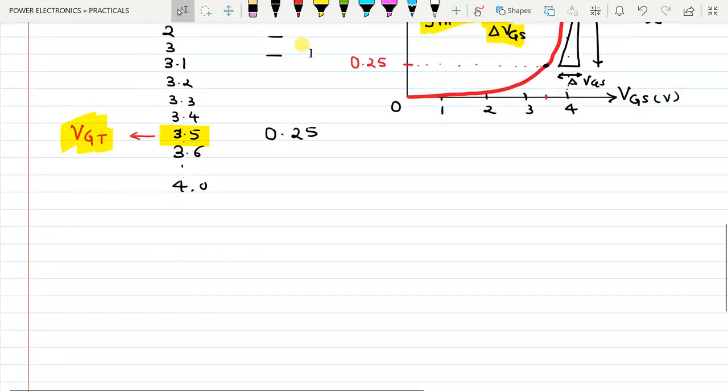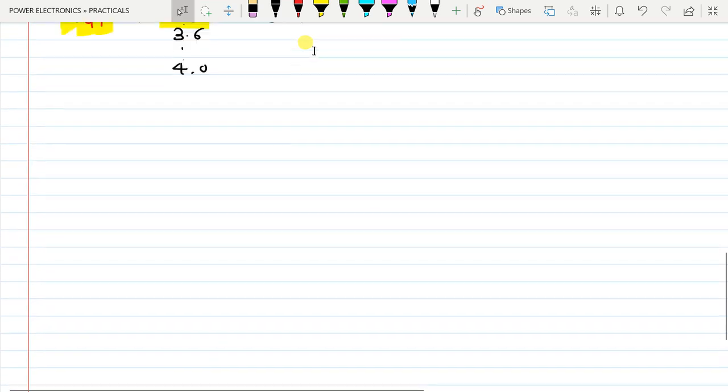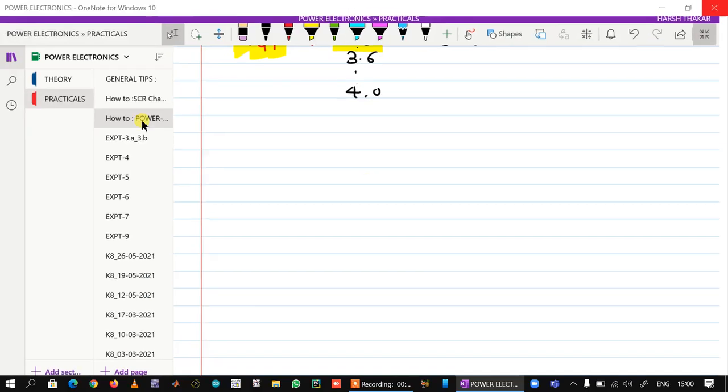Now I go to the third bit, that is, plot the IV characteristics of our MOSFET.